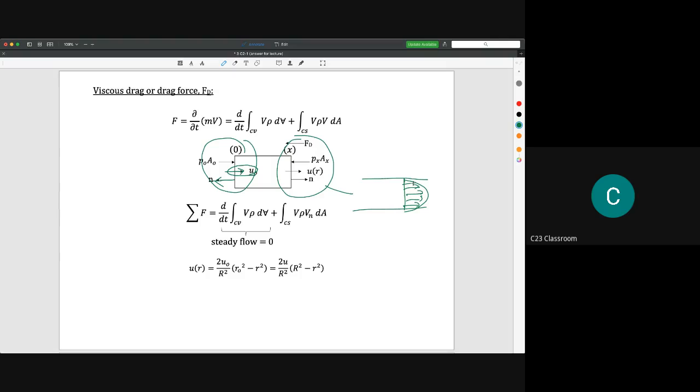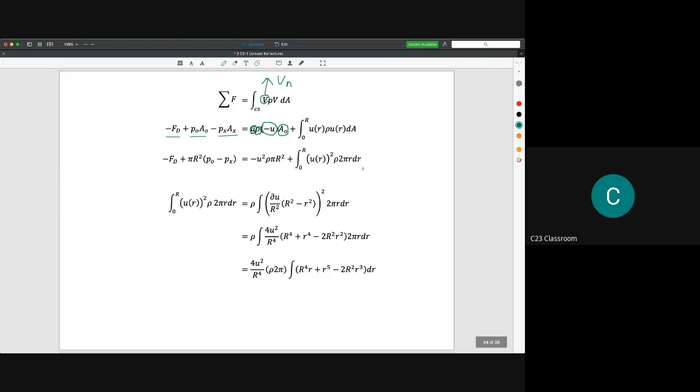That's why we use the idea of U(R), the relation of velocity to changes in R. So this is the equation of U(R), and here we have rho U(R) and dA.